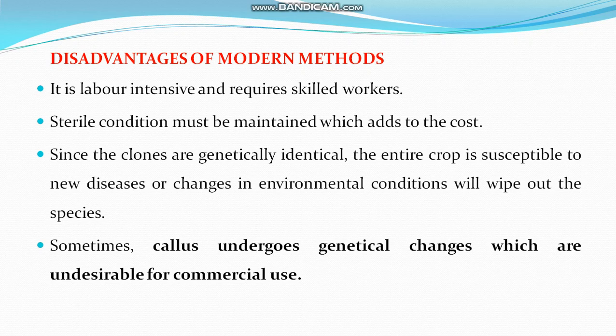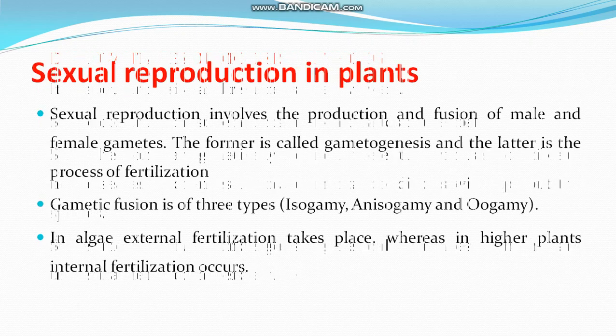Third, since the clones are genetically identical, the entire crop is susceptible to new diseases, and changes in environmental conditions will wipe out the species. Sometimes calluses undergo genetic changes which are undesirable for commercial use.